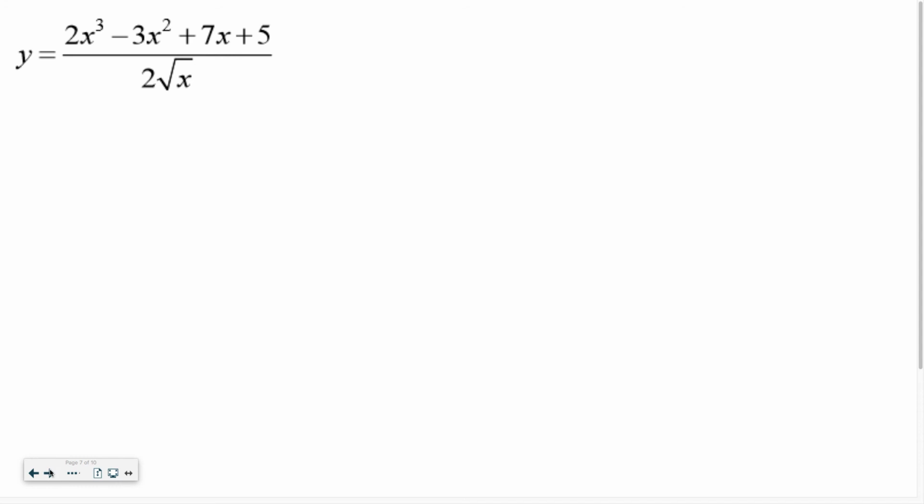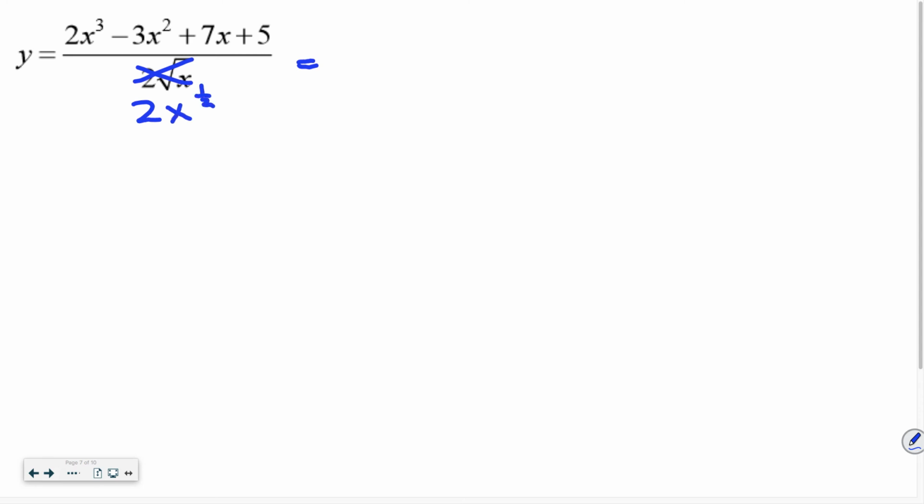What is wrong with this function? It is ugly. Can we apply the power rule right now? We cannot. However, in our denominator, we have 2x to the 1/2 power. If we can take this and make individual terms, we can use the power rule 4 different times. So let's think of this as 2 times x to the 1/2 power.